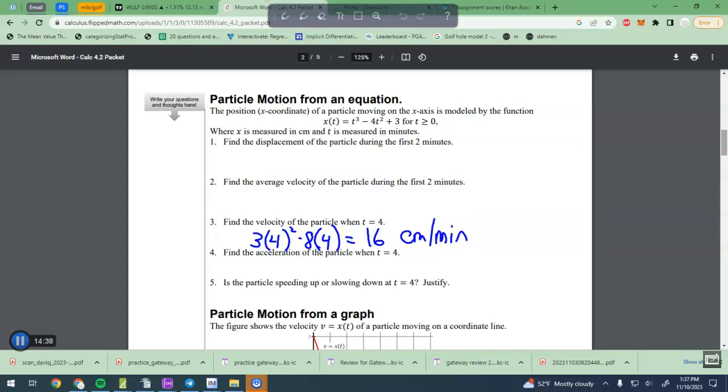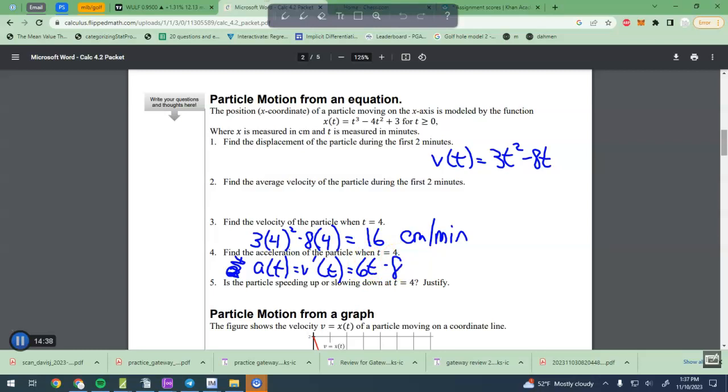All right. Find the acceleration at t equals 4. So the acceleration is v prime. I erased my v. So v was 3t squared minus 8t. So a, the acceleration, is the derivative of that. So 6t minus 8.